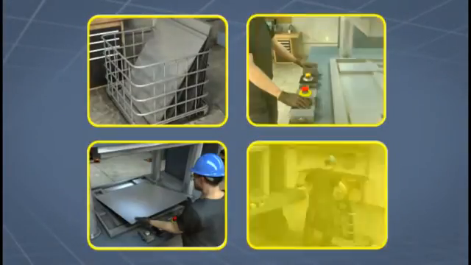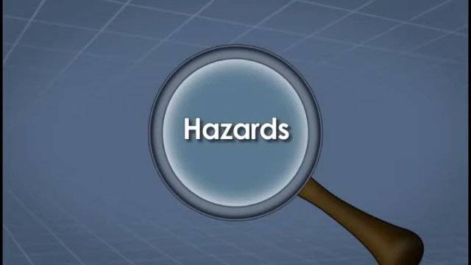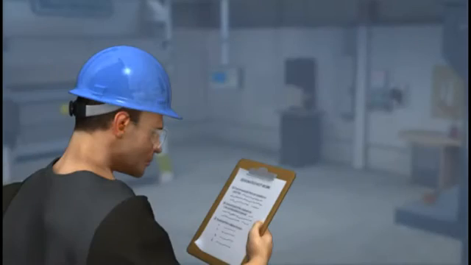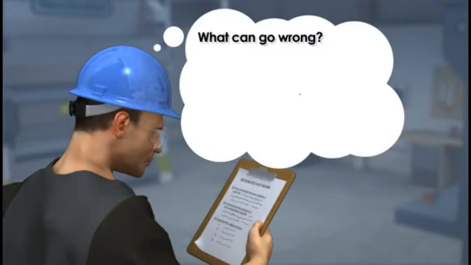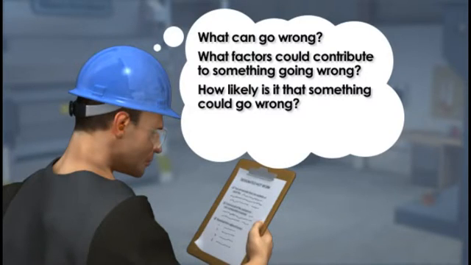Once the different steps of the job are identified, the next process of the JHA is to identify the hazards involved in each step. When looking for the hazards in each step, ask these questions: what can go wrong? What factors could contribute to something going wrong? How likely is it that something could go wrong?